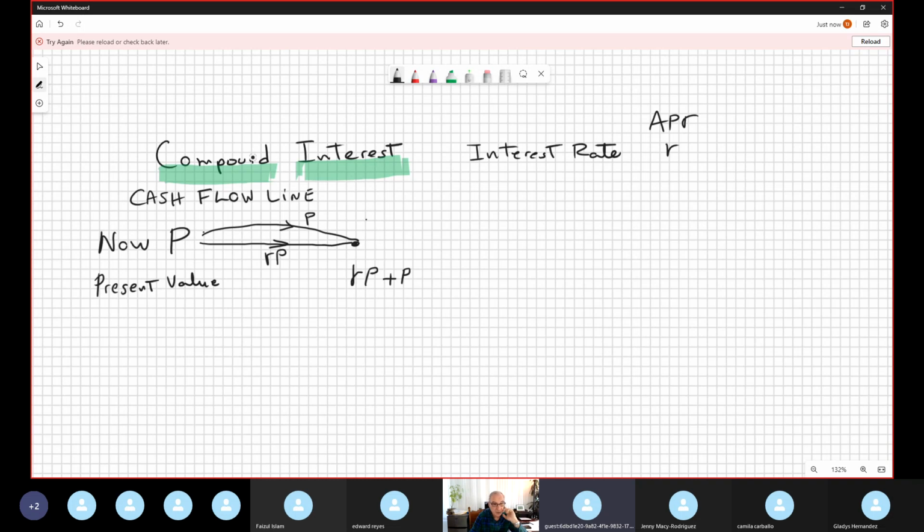So the expression gets P, present value, times 1 plus R. This is the money we have in one period.